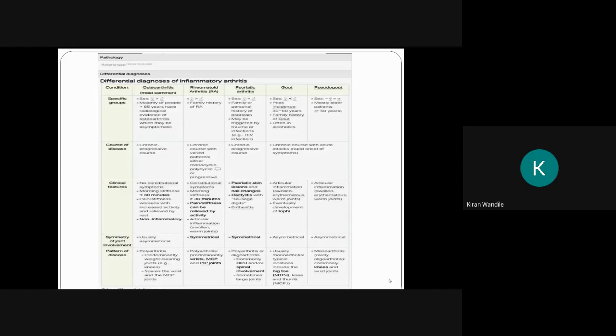Involvement of the DIP joint of the hand is less common, but they do get involved in osteoarthritis, and it is an aging process. It is primarily due to degenerative disease of the cartilage, where there is fibrillation of the cartilage due to the aging process, and then gradually there is exposure of the subchondral bone, and it is very common in the knee joint and hip joint, primary osteoarthritis.